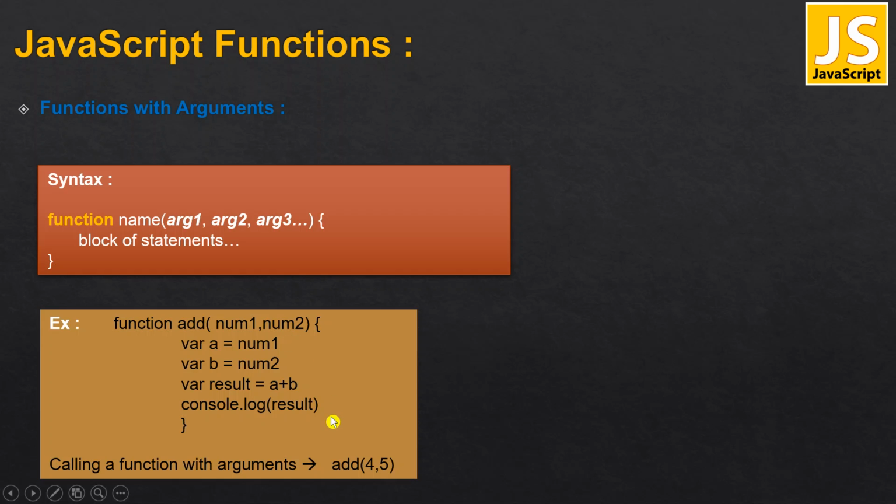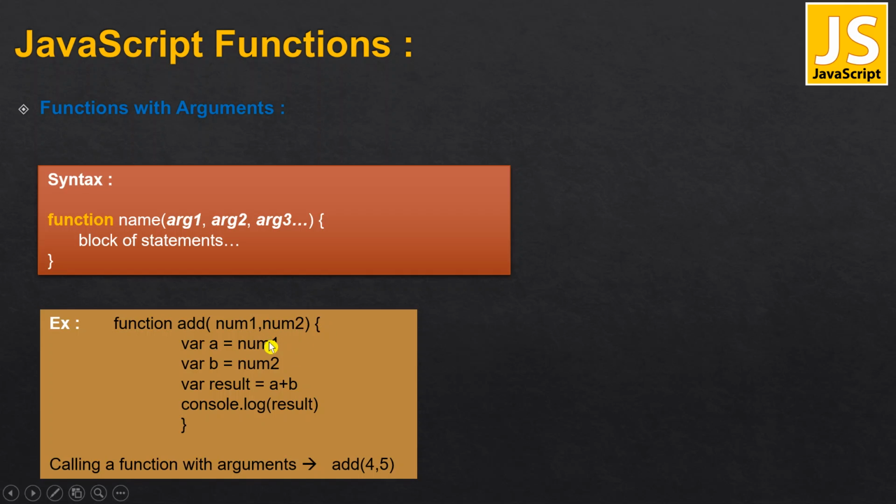So positions are important. There is a class on positional arguments and types of arguments, and at that time I will explain it to you. So 4 and 5 will go and store in num1 and num2. That is the point which you need to remember.